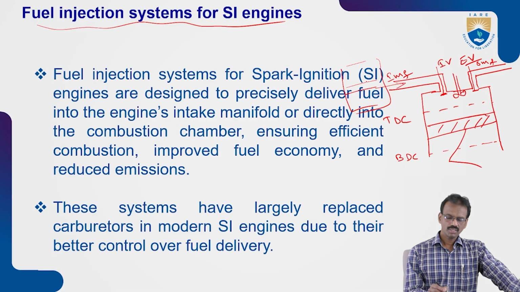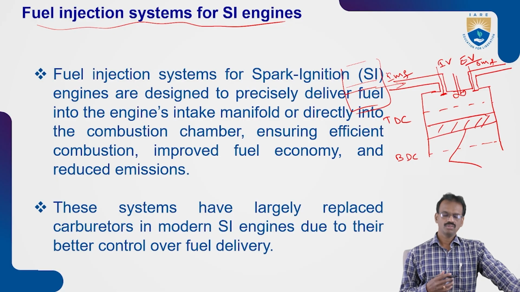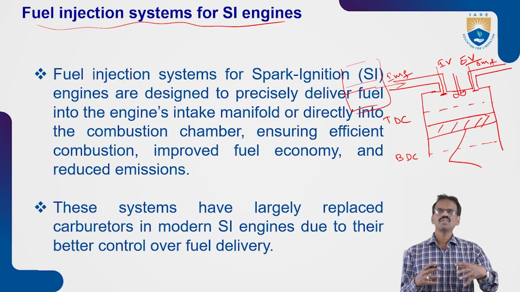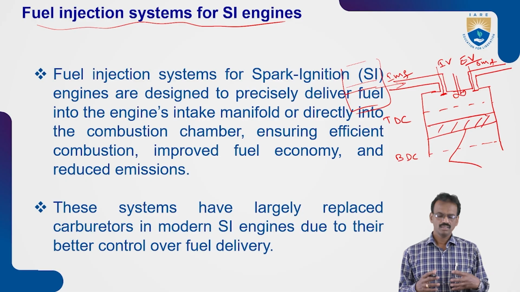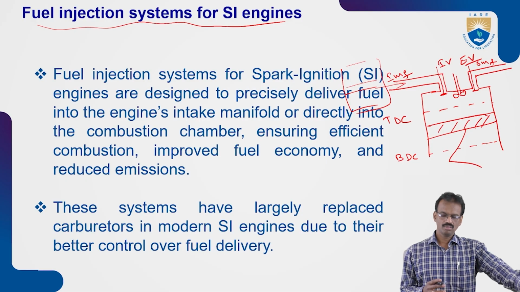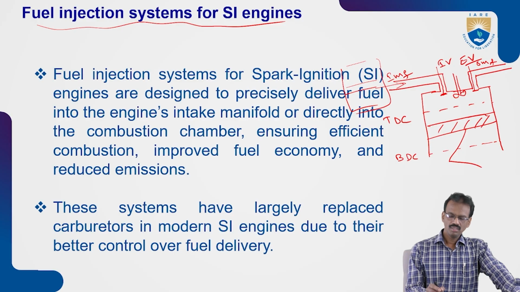It takes air through an orifice and provides the mixing of air and fuel, petrol, and the air-fuel mixture is supplied to the inlet manifold. Through the inlet manifold, it comes into the engine cylinder.